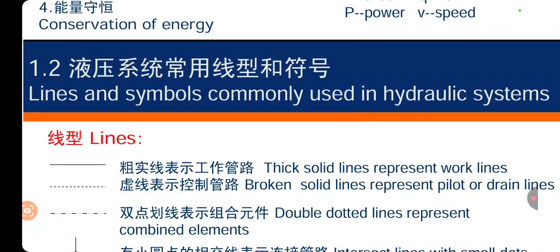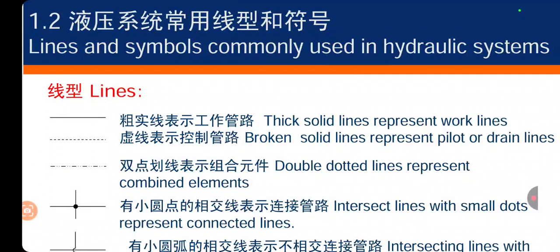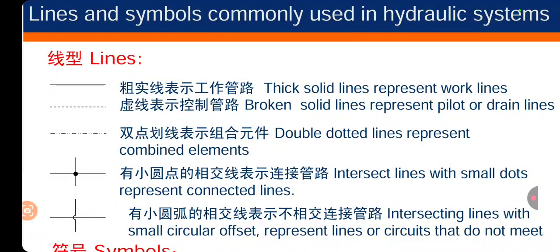So the next thing is symbols. There are many symbols in a hydraulic system, but we are going to talk about the basic and important symbols. The first line means if there is a pipe, we will show it in the circuit as a single line, and a broken line represents pilot or drain lines.